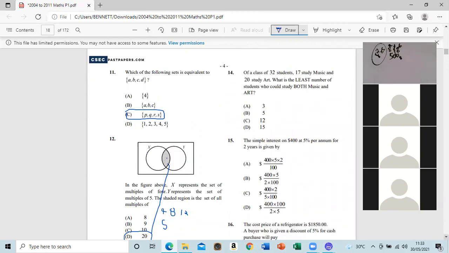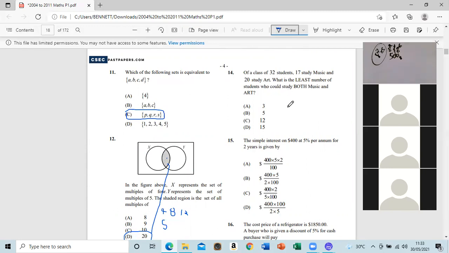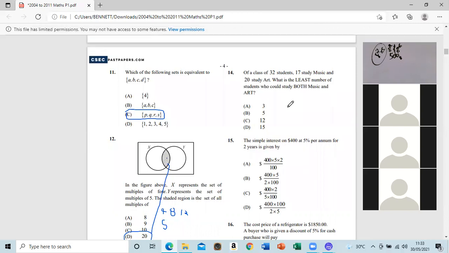All right. Of a class of 32 students, 17 study music and 20 study art. What is the least number of students who study both music and art? The least. Sir, B, 5.